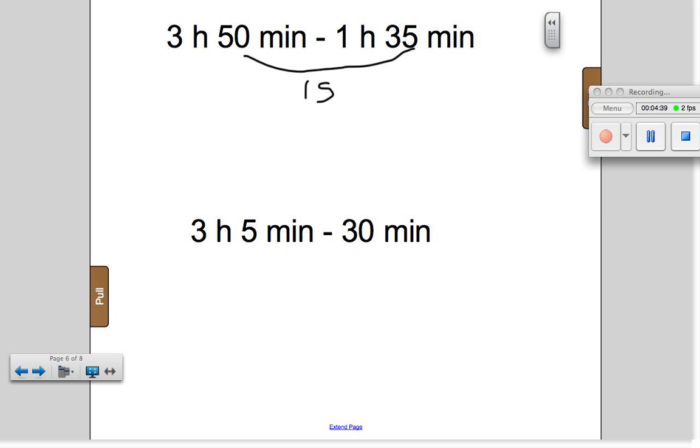So we have 15 minutes when we subtract those. And then we can go ahead and take 3 hours and subtract 1 hour. And that equals 2 hours.